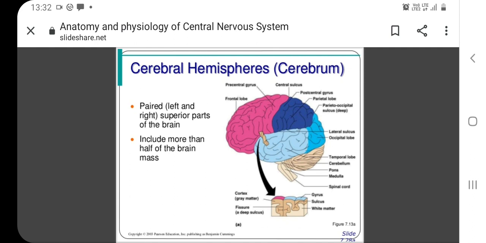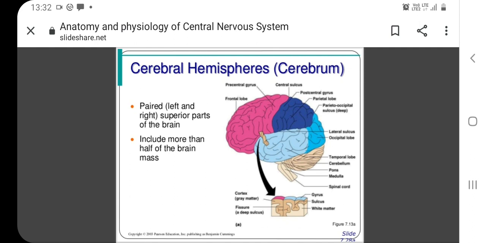When the corpus callosum is cut, then a unique condition known as the split identity occurs. We also call this split brain or split identity the Dr. Jekyll and Hyde syndrome.